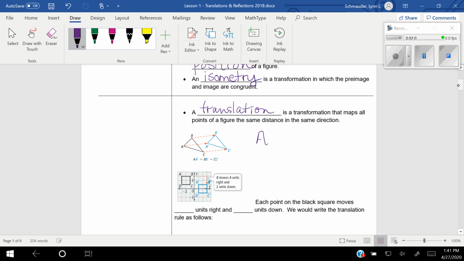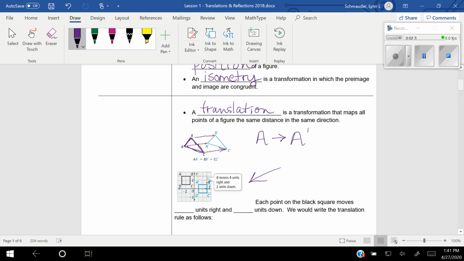So if we take point A and map it somewhere, we're going to call it A prime. In this little picture, ABC is our pre-image, and when we translate it, all the points A, B, and C the same distance in the same direction, we get A prime, B prime, C prime.